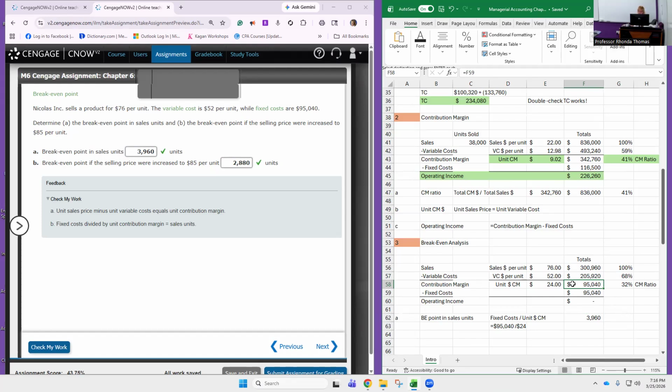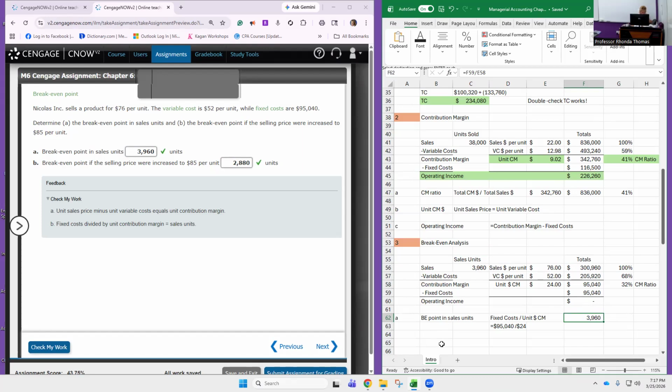So there is your variable costs. And if you work the math, yes, when sales units are 3,960, I'm using what I just found down here and then testing it. Did it work? Yes. The break-even point in sales units.